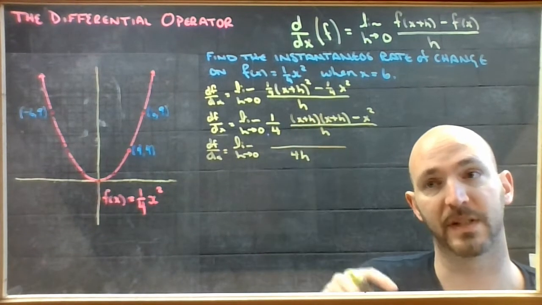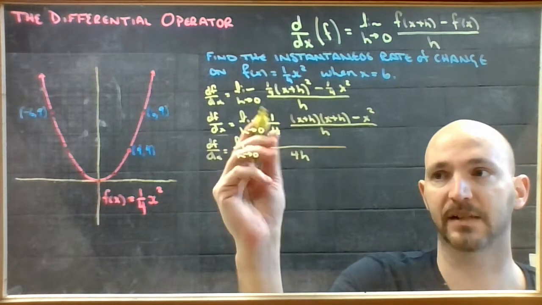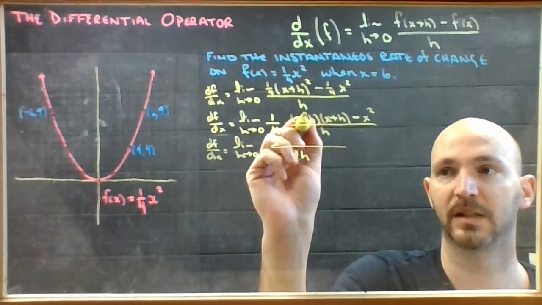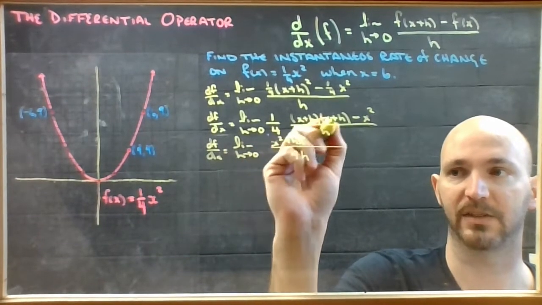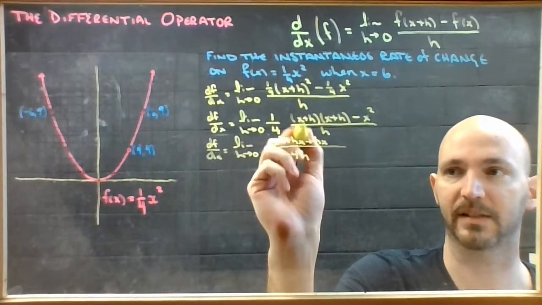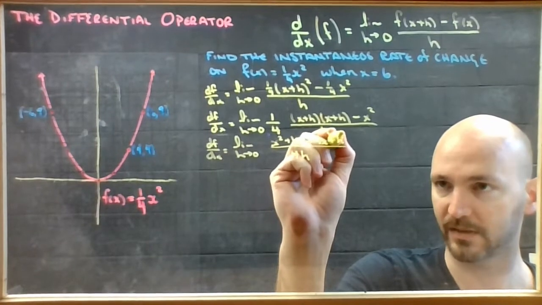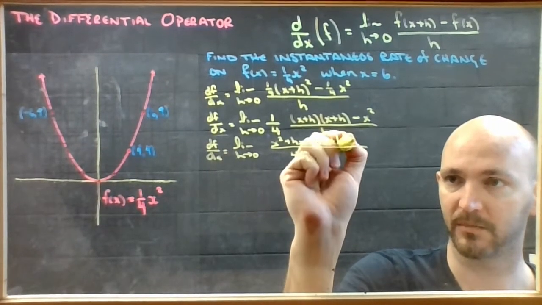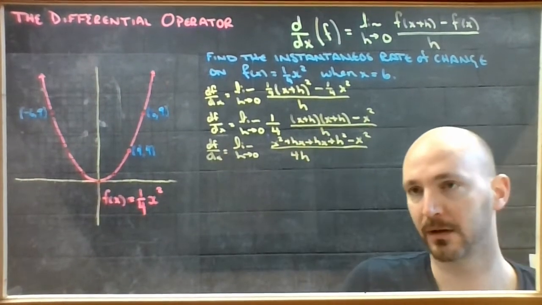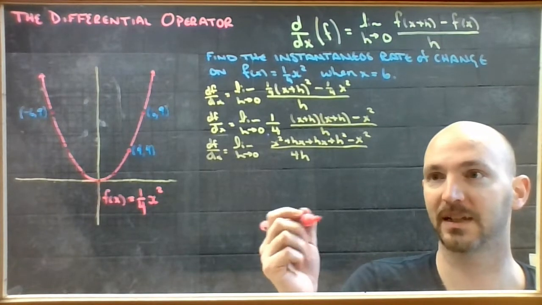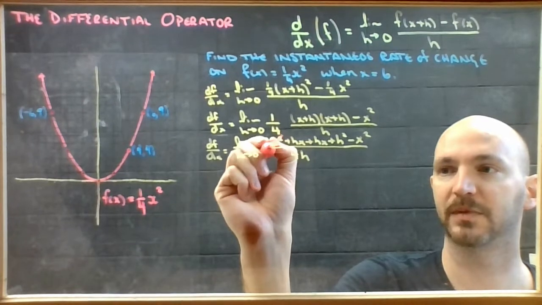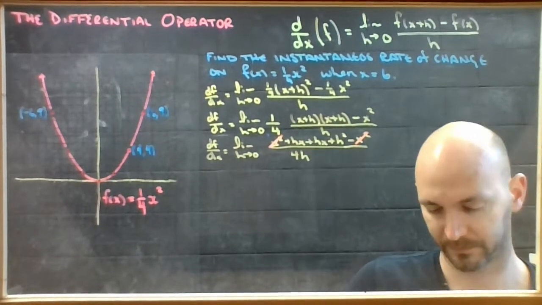I'm actually going to do the expansion on this, so x times x is x squared, x and an h is an hx, h and x is another hx, h times h is h squared, minus x squared. And if I look in that line, something really neat has happened. This is crossed out.